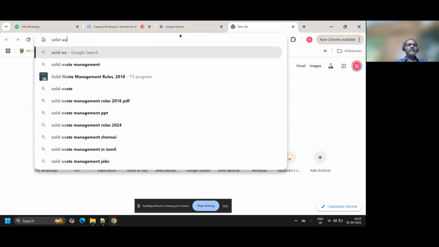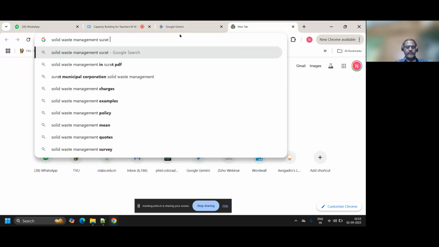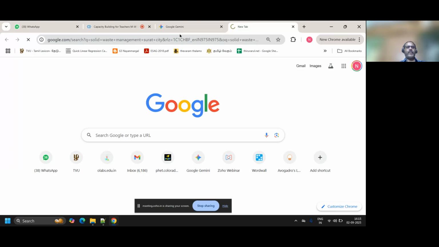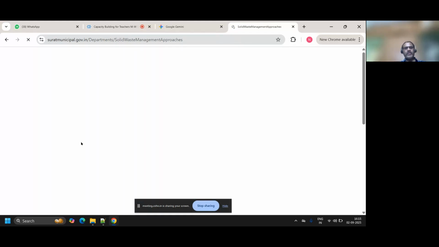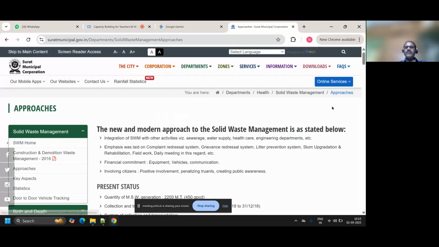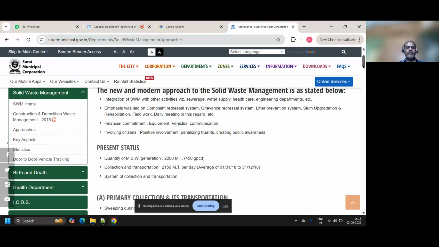You do a simple search, solid waste management, Surat city. Okay. This is Surat in Gujarat. This city has a solid waste management program.